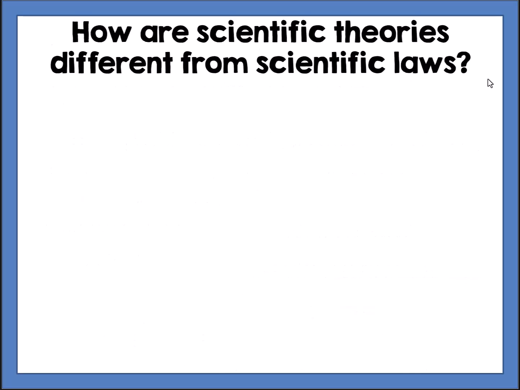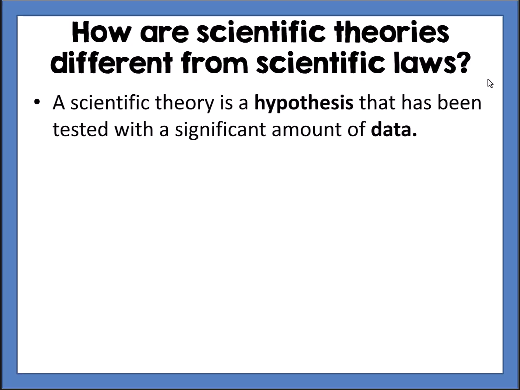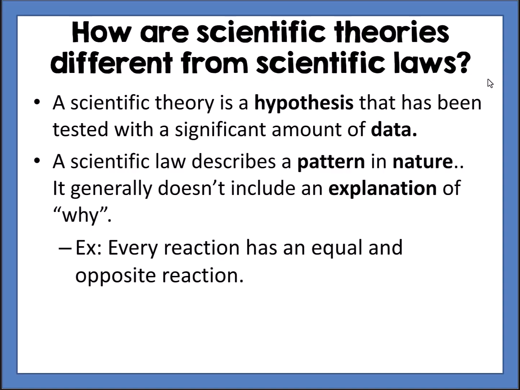So how are scientific theories different from scientific laws? We've addressed scientific theories, but we haven't quite gotten to laws yet. Again, a scientific theory is a hypothesis that has been tested with a significant amount of data. A scientific law, however, describes a pattern in nature. It generally doesn't include an explanation of why.